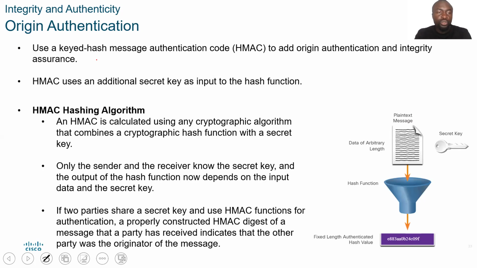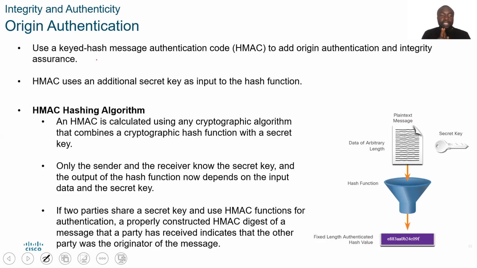Origin authentication uses a keyed-hash message authentication code to add origin authenticity and integrity assurance. The HMAC uses an additional secret key as input to the hash function. So all this is just to explain how the encryption takes place, how the hashing algorithm works, and how it combines certain elements or key values together to give you what you need.